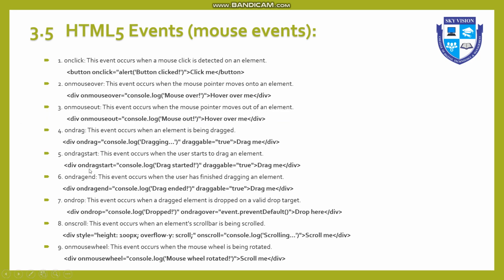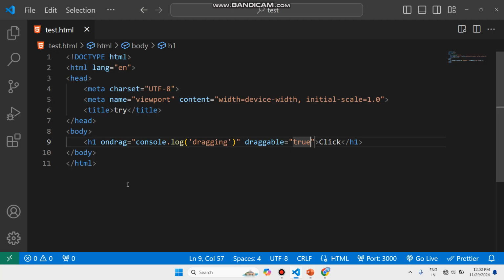After that we have on drag start. When we put on drag start, it will show that I'm starting the dragging. When I release that, it will show the end of the dragging. Now let's do that. I just want to change on drag. We need to put on drag start.